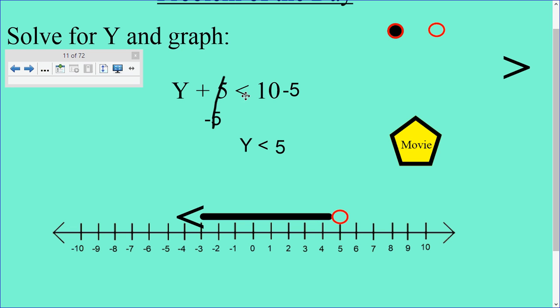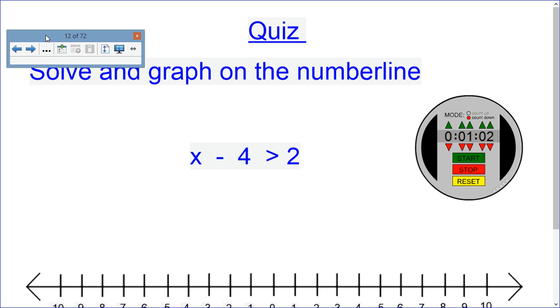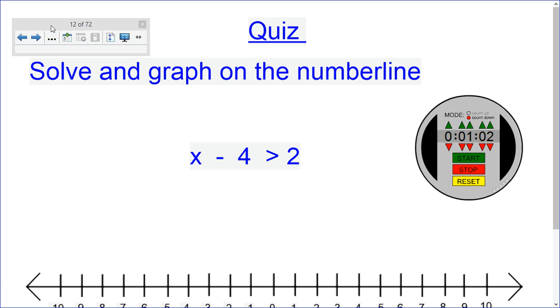Notice how the symbol here, less than, matched up with the symbol over here in the direction. So here's a problem for you to quiz yourself on. Solve and graph on the number line, x minus 4 greater than 2.